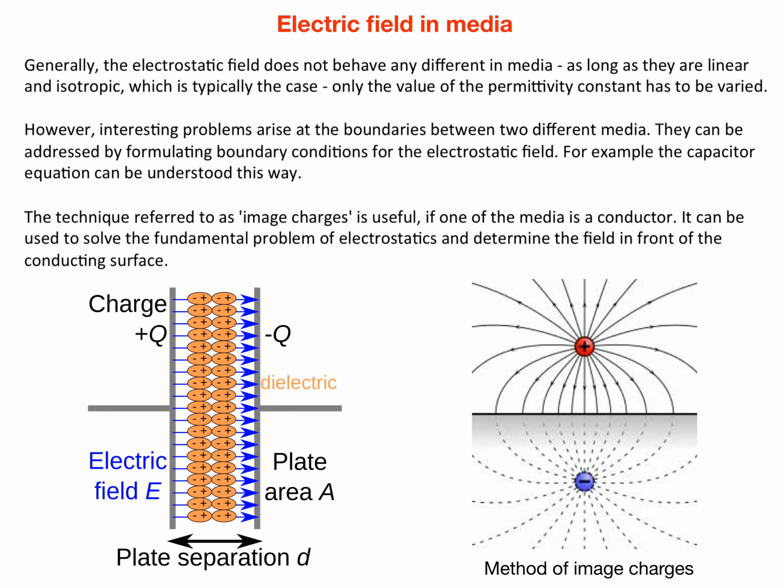The example shown at the bottom right is that of a positive charge in front of a flat conducting surface. Replacing that conductive surface with a negative point charge directly opposite at twice the distance creates the same electric field, and the standard problem of electrostatics, namely determining this field, can be solved in a straightforward way.